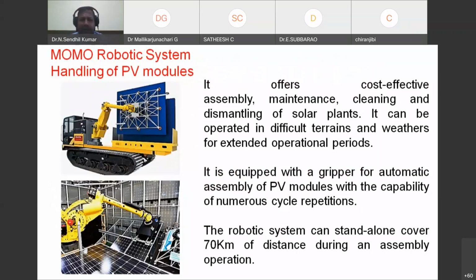It will completely reduce our manufacturing cost, because operation cost is minimized. They can be used in both terrains and different weather conditions, both inside the company at the fabrication level, and outside for on-site deployment of PV panels and rooftops, all those things.